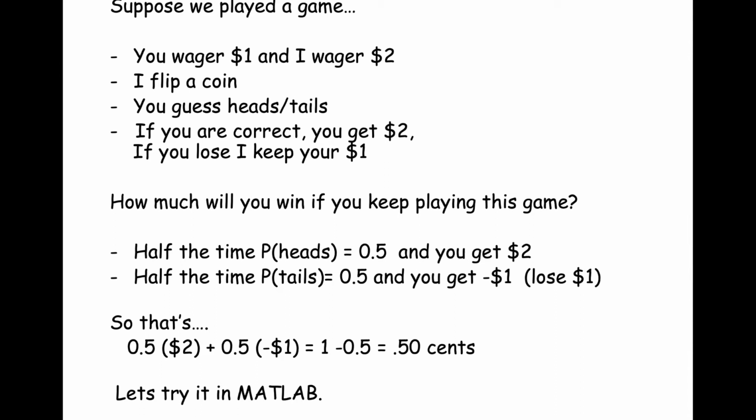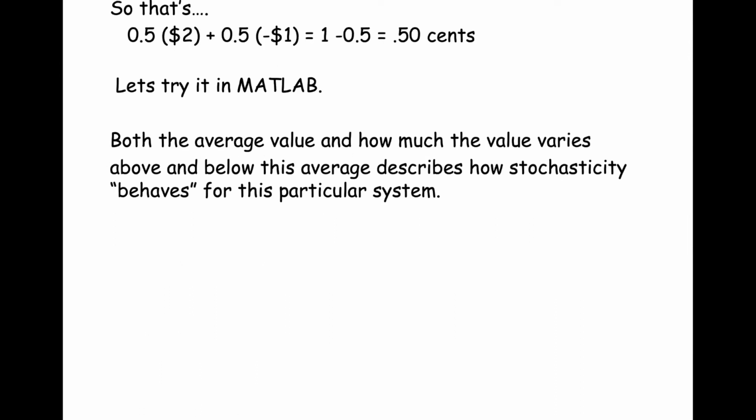But moreover, if we play a really large number, in general, per game, we're going to win 50 cents. Sometimes you're up, sometimes you're down, but it all averages out to about 50 cents per game. So we try this in Matlab. And both the average value as well as how much this value varies above and below the average describes, in a sense, how this particular stochastic game or the system behaves.